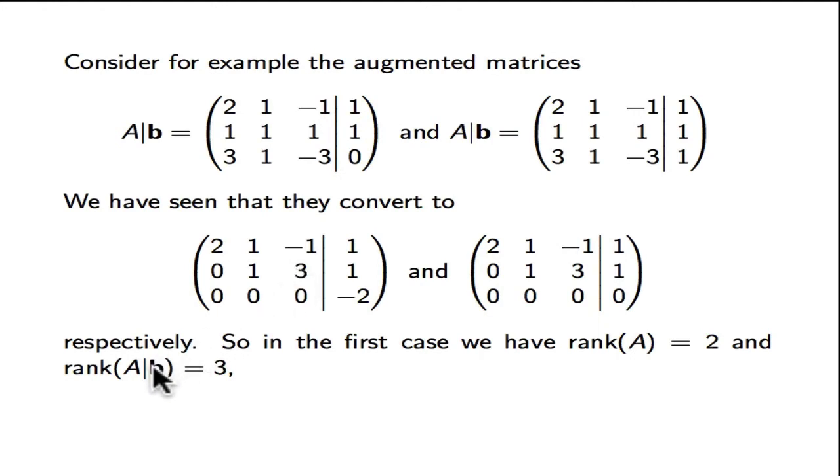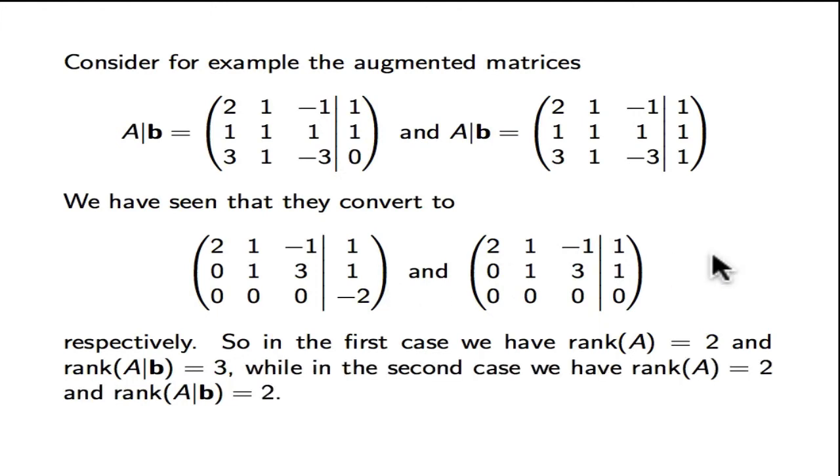And the rank of the augmented matrix is equal to 3 because here this is also a non-zero row for the augmented matrix. So it's a 0 row for the initial matrix, but a non-zero row for the augmented one. And in this particular example, the rank of A and the rank of the augmented matrix are both equal to 2.